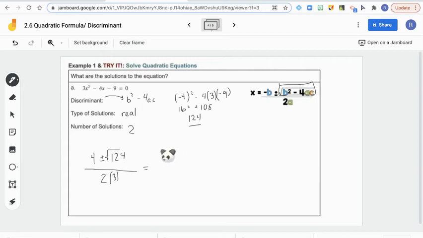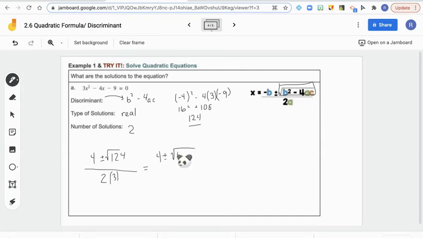So now we need to go and find out what it is. You might plug this into a calculator. You might simplify it by hand. I'm going to just do it by hand so you can kind of see what's happening here. And I'm going to start by finding that square root of 124. Right? And it's not a perfect square, which means we need to break it down. This is where your calculator, if it can give you an answer in square roots, you're okay. If not, you're going to have to go and break this down a little bit.